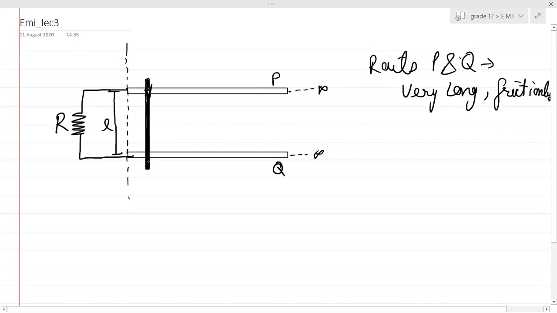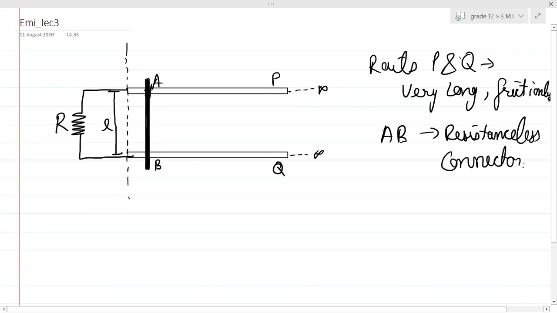Can you see the connector AB, guys? It is a resistance-less connector placed over P and Q. Is this clear?